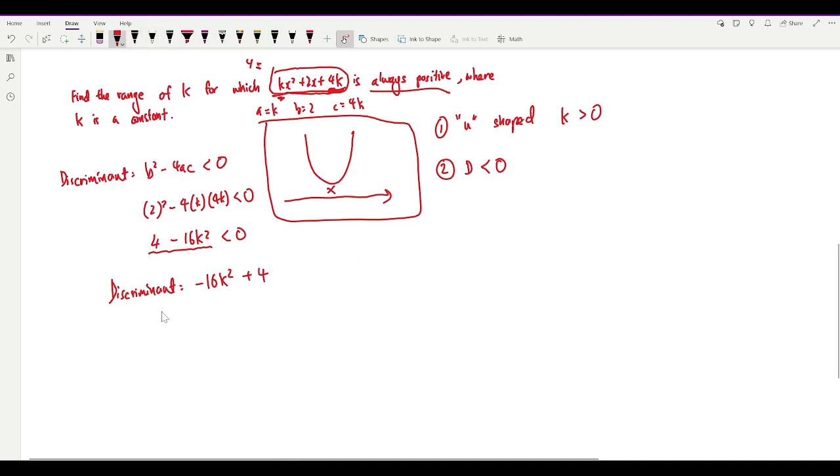It actually resembles a quadratic equation. It's like y equals negative 16x squared plus 4. See, the highest power of x is 2. This is a quadratic equation. So if I replace the y with the word discriminant, and the x squared I replace with k squared, that would mean that I can actually sketch a graph that represents my discriminant. Hang on.